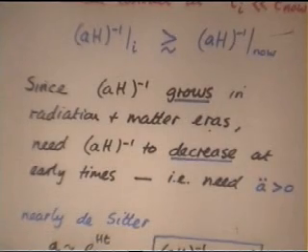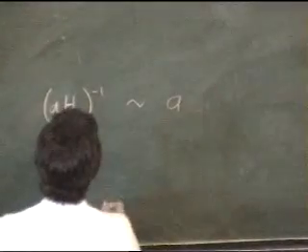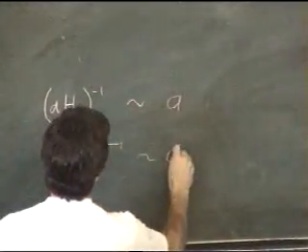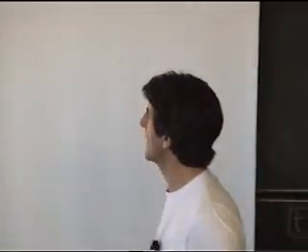As we saw, just to remind you, during the radiation era, (aH) inverse goes something like a, and during the matter era, I think it goes something like a to the half. It's growing with expansion, getting bigger and bigger and bigger.